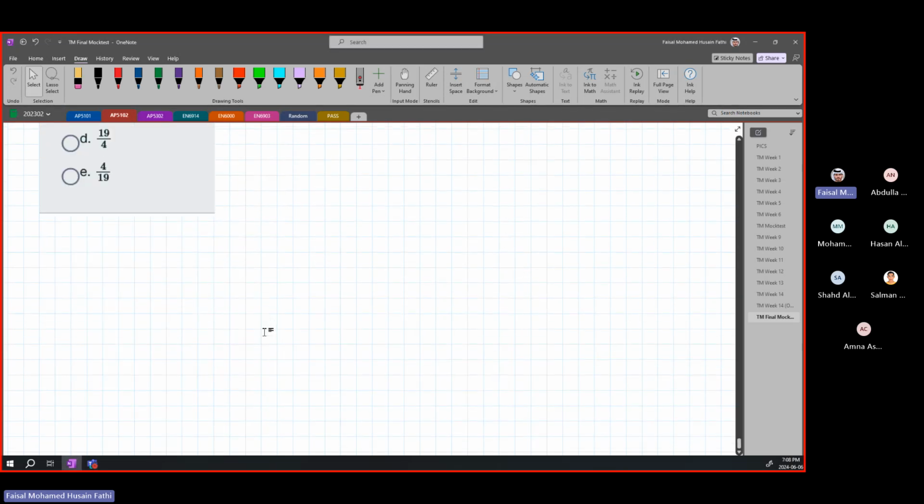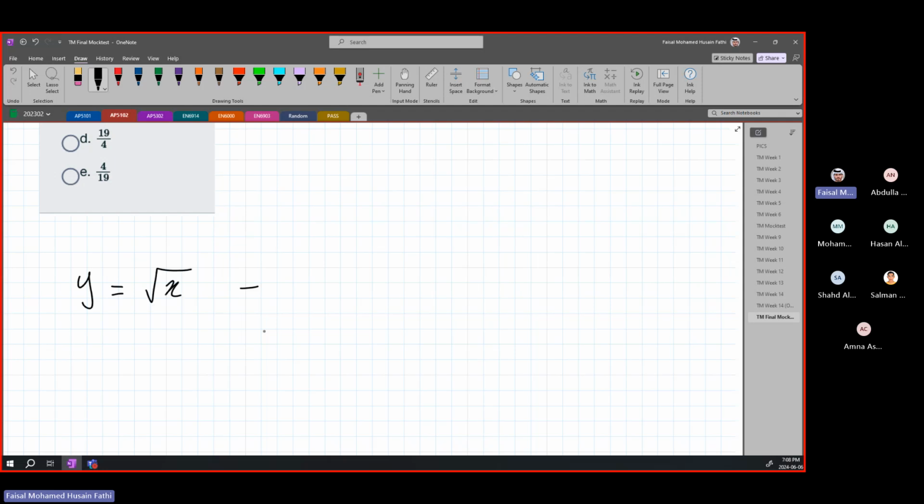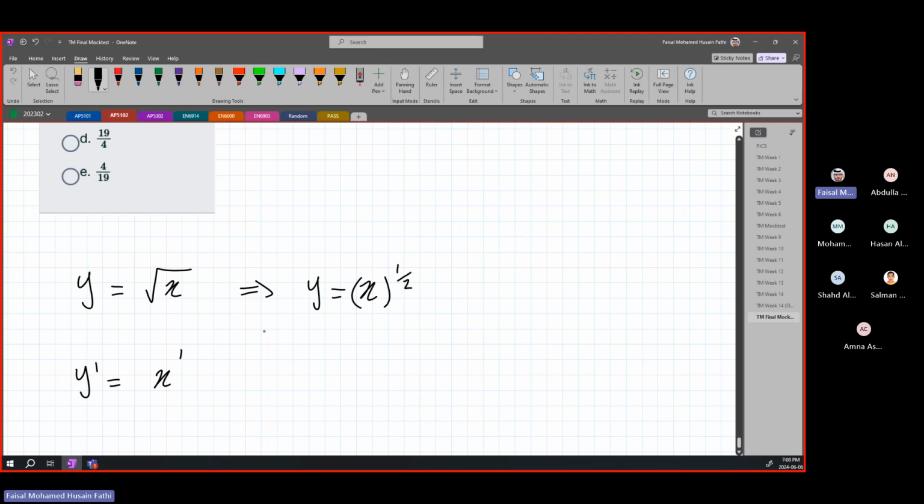Another question here is y is equal to square root of x. Find the derivative. Remember this is y equal x power half. So y prime is simply x power half minus 1 times half, meaning this is going to be 1 over 2 x to the power of half minus 1, meaning x to the power of minus half.